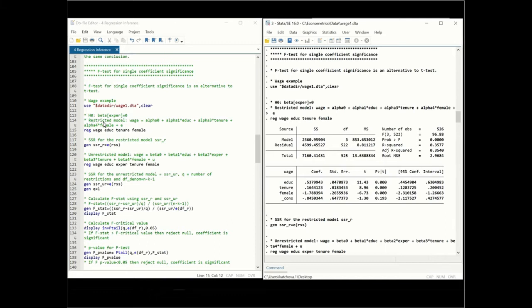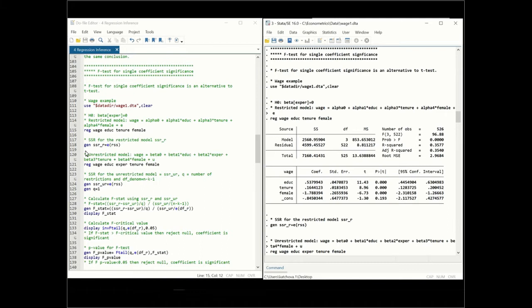This one, where we have the coefficient on experience restricted to 0, would result in that experience variable being dropped from the model. So now we have this restricted model that has different coefficients, of course, and different error. But we estimate the regression of wage on education, tenure, and female. Notice that experience is not included.